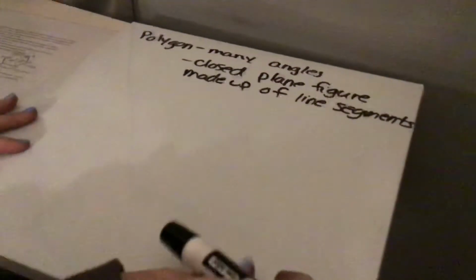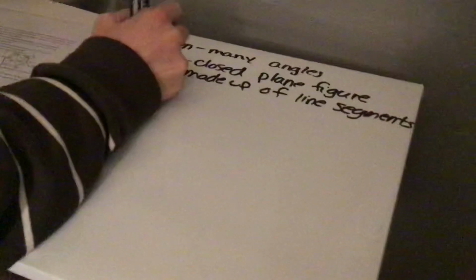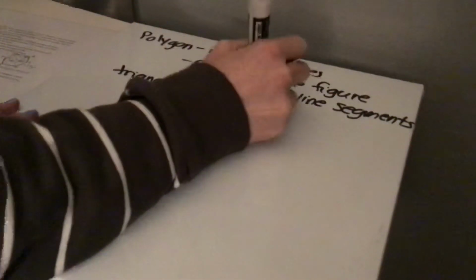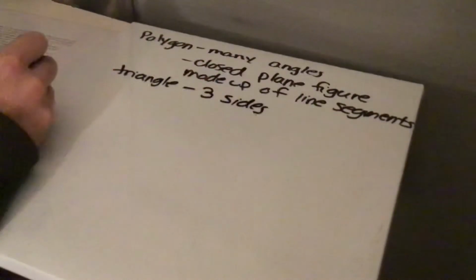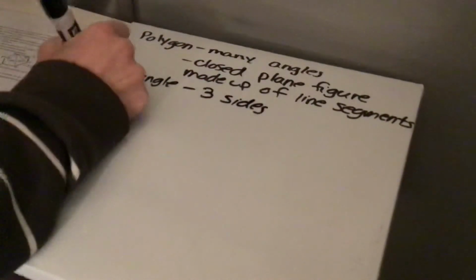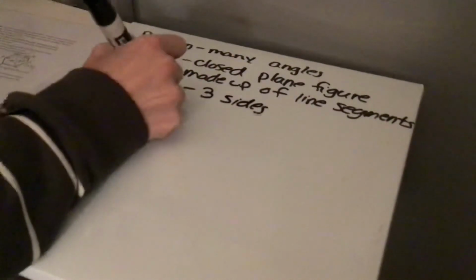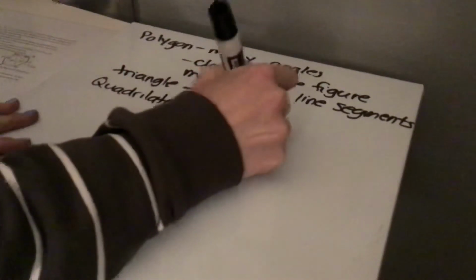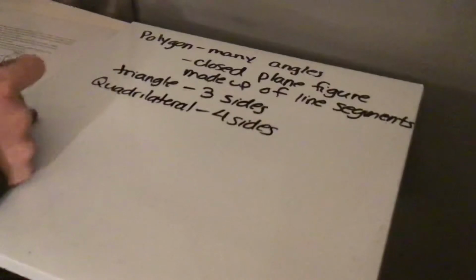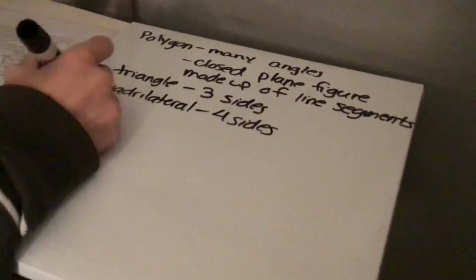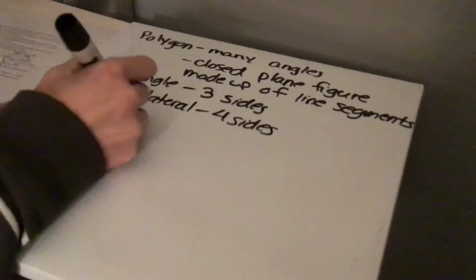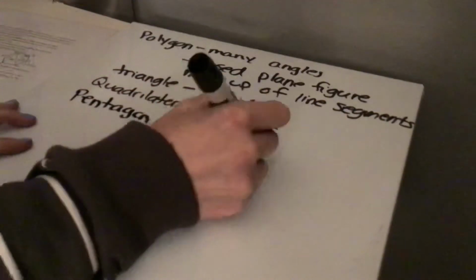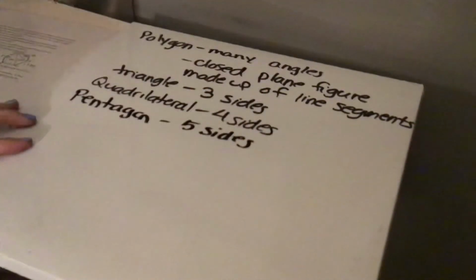So specific polygons would be a triangle. Has 3 sides, 3 angles, 3 vertices, okay? Then you would have a quadrilateral. Has 4 sides, 4 angles, 4 vertices. A pentagon has 5 sides, 5 angles, 5 vertices.